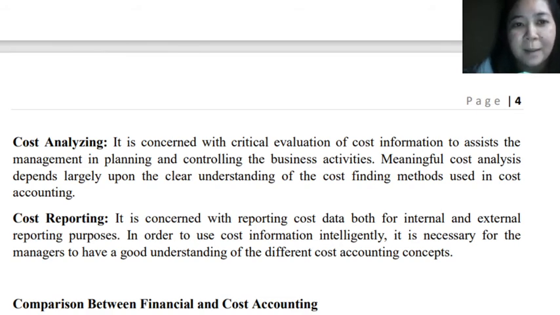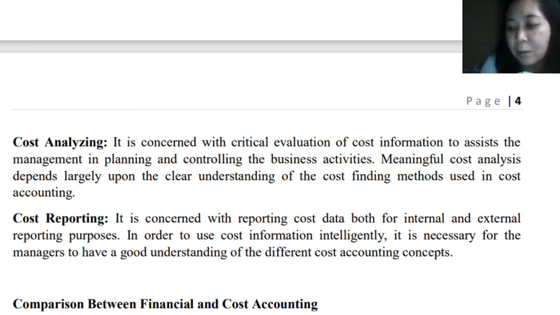So the next activity is of course cost reporting. This is concerned with reporting the cost data now for internal and external reporting purposes. In order to use the cost information intelligently, it is necessary for the managers to have a good understanding of the different cost accounting concepts, just like what we have mentioned in cost analyzing.